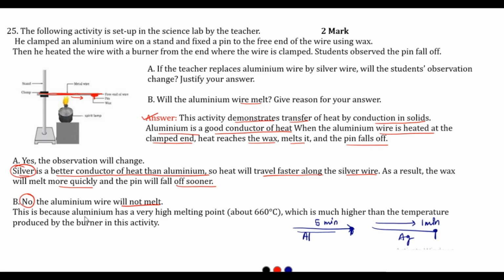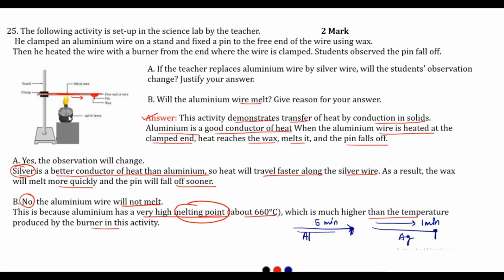This is because aluminum has a very high melting point. What is melting point? The temperature required to melt the metal. That is called the melting point. And aluminum has a very high melting point, somewhere nearby 660 degrees Celsius. So till we heat to 660 degrees Celsius, aluminum will not melt, which is higher than the temperature produced by the burner.